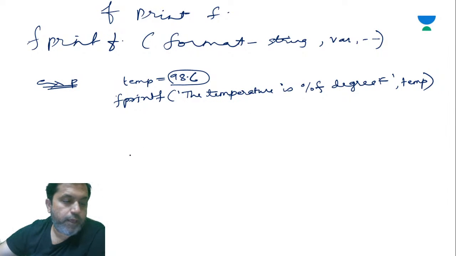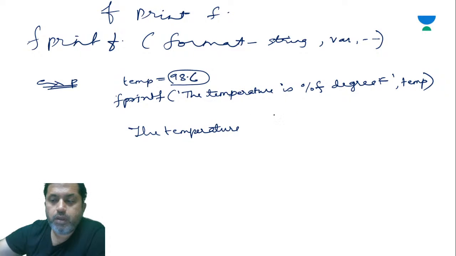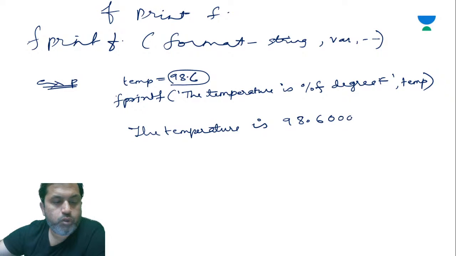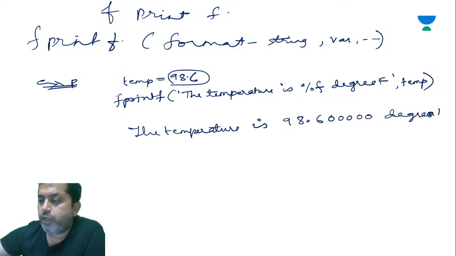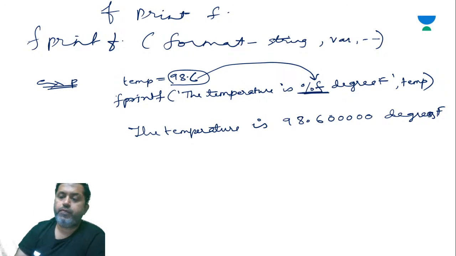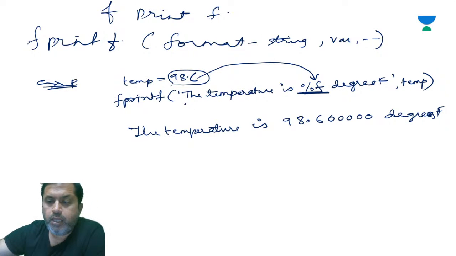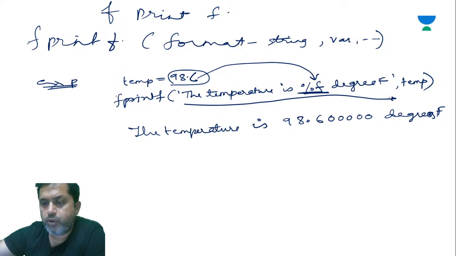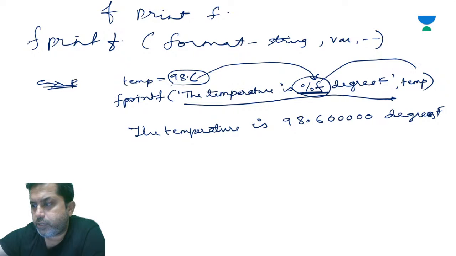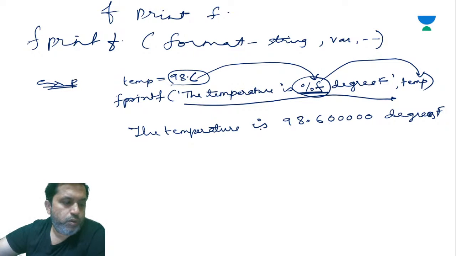Temperature. If you hit enter, 98.61234 degrees Fahrenheit. See here, this value will be displayed in place of percentage. The rest of the sentence will be printed as it is. You can see the temperature.